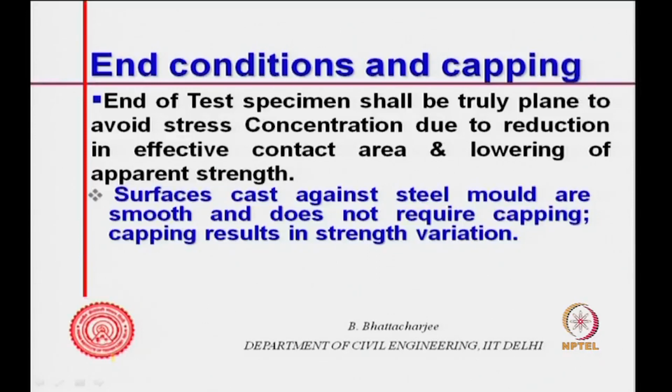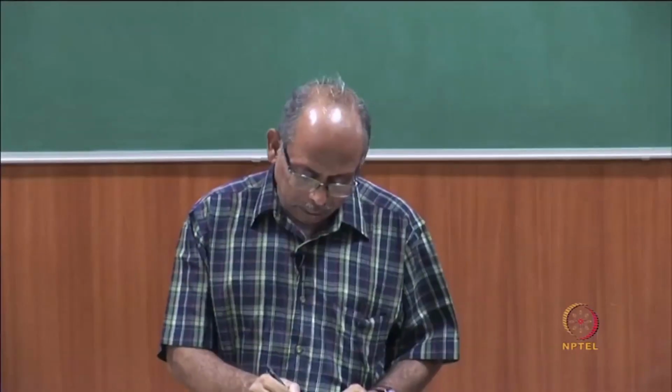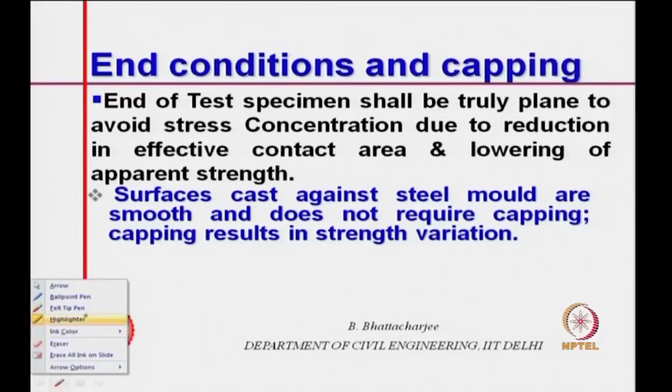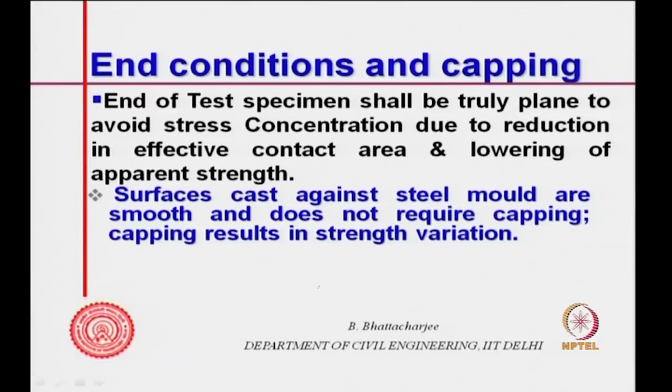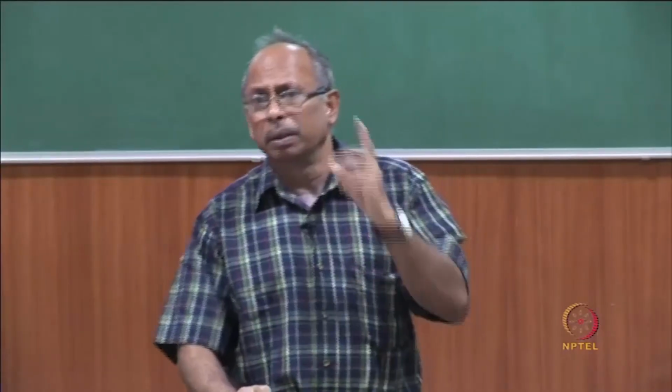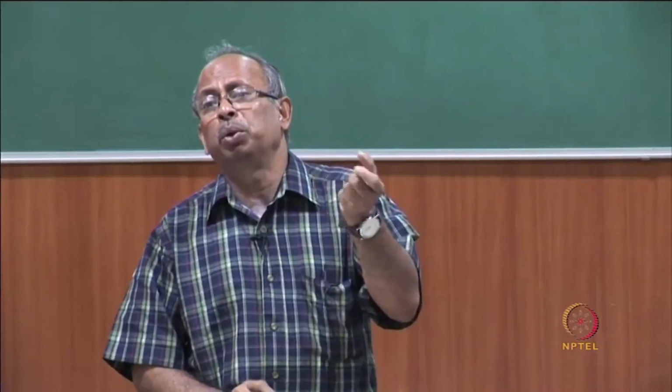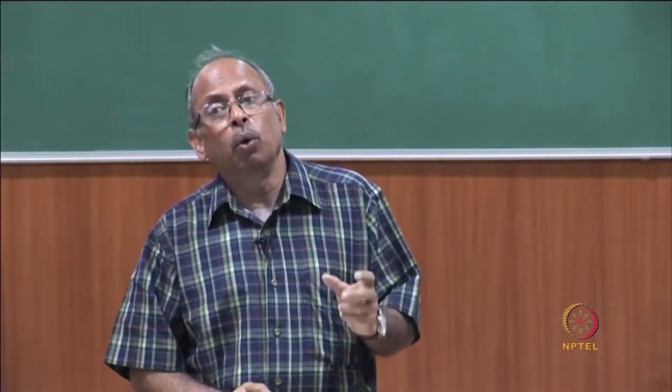But sometimes we cut a core from the actual structure. Right now we will not be discussing this in detail. This is a core cut from the structure, which we saw in the first lecture, if you remember, when I showed you a core.